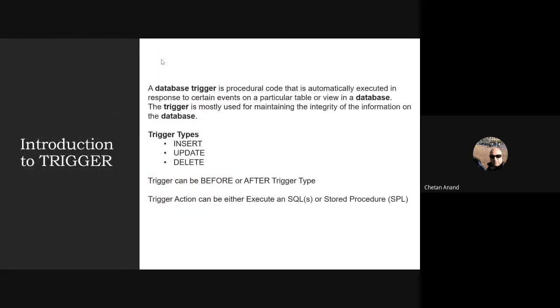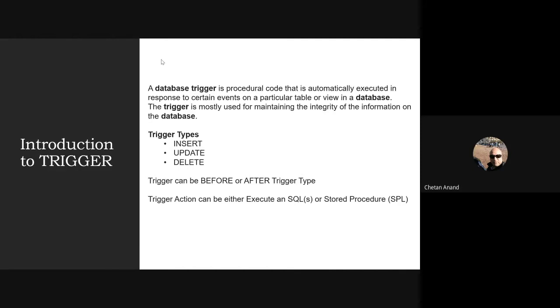Next, I'm going to introduce something called a trigger. What do you mean by trigger? A database trigger is procedural code that is automatically executed in response to certain events on a table or view in a database. When you do an insert, that is an insert trigger.